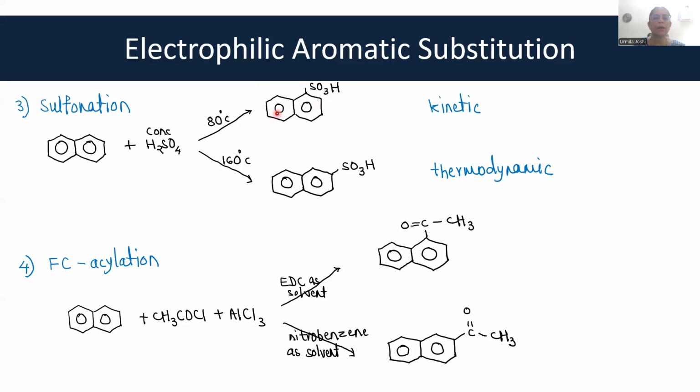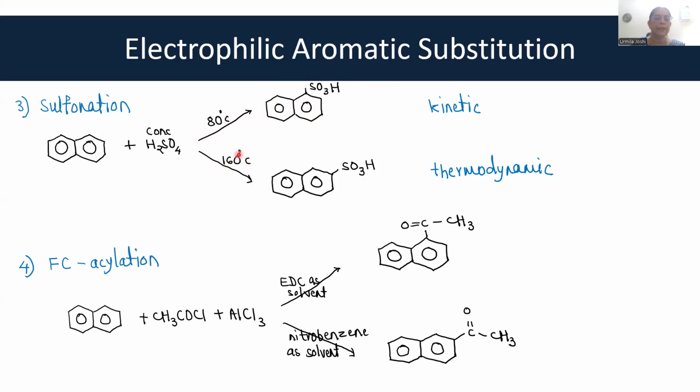When there are more resonating structures, the energy of the intermediate is lowered, and so the reaction can happen at 80 degrees, where naphthalene 1-sulfonic acid is the major product. Now, what happens when you raise the temperature to 160?